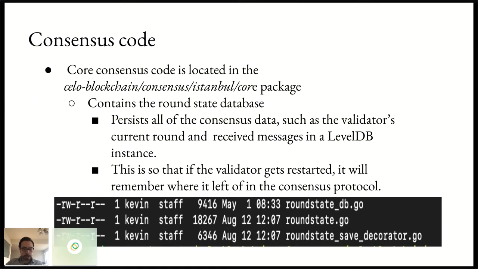And it could lead to the validator double signing a block, which is a slashable offense. So it was quite important to make sure that the validator would persist, and in effect remember, a lot of its consensus state in case it ever does go down during the consensus round.